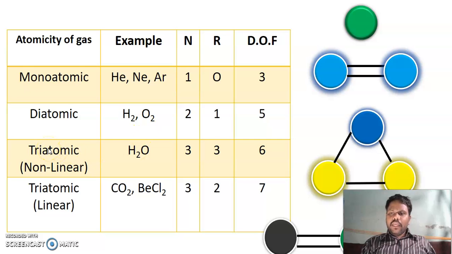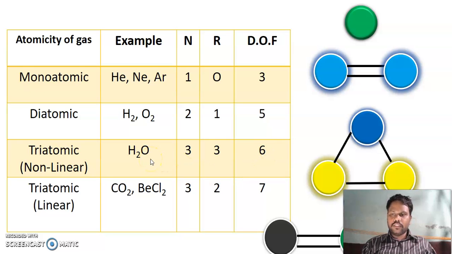For a triatomic non-linear molecule, the number of particles is 3. The degrees of freedom is 9. However, if the distance between the 3 particles is fixed, then the number of constraints is 3. Then the degrees of freedom reduces from 9 to 6.